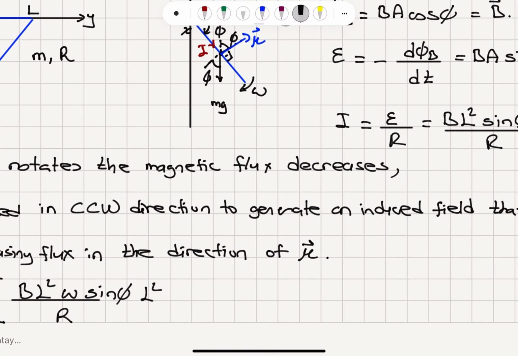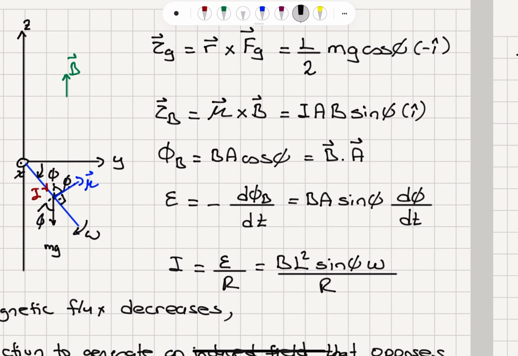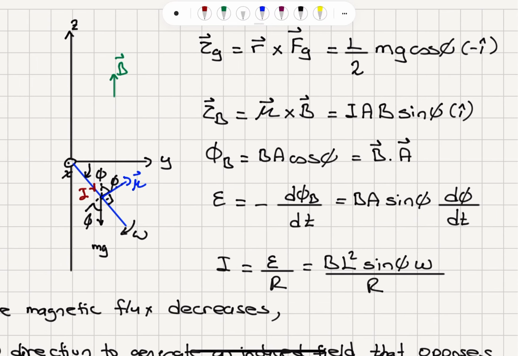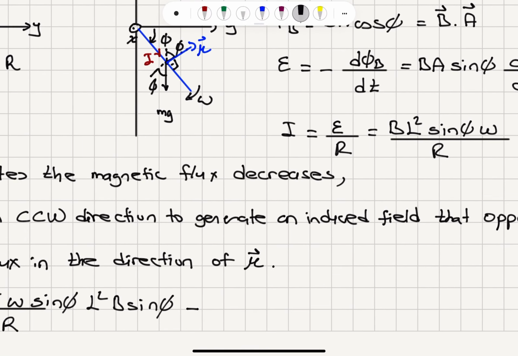So we have B sine phi, and this is in I hat direction. And then we have minus the gravitational torque, capital L over 2 mg cosine phi, in I hat direction.